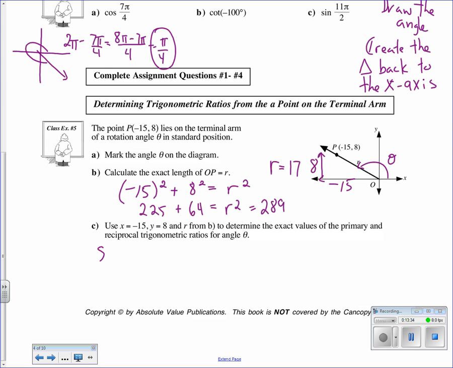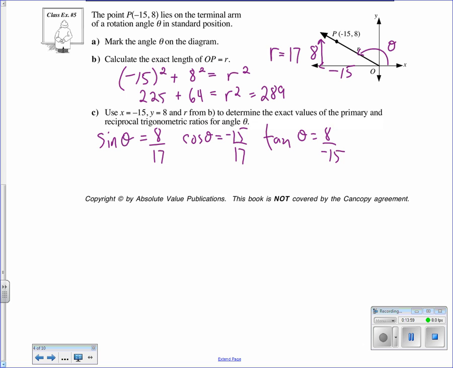Remember, sine, cos, tan. So the sine of the acute angle is opposite over hypotenuse, 8 over 17. Cosine of my angle is negative 15 over 17. Tan of my angle is 8 over negative 15. And then I can slide down a little bit and make my paper a little bit longer.